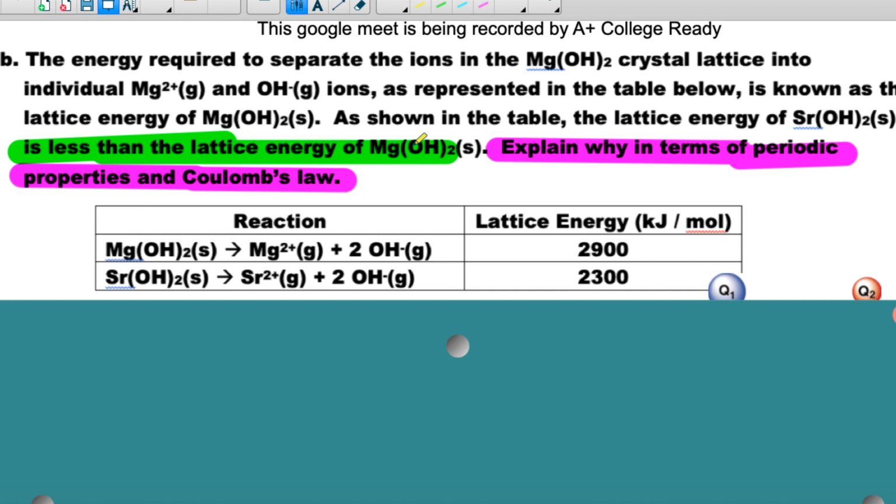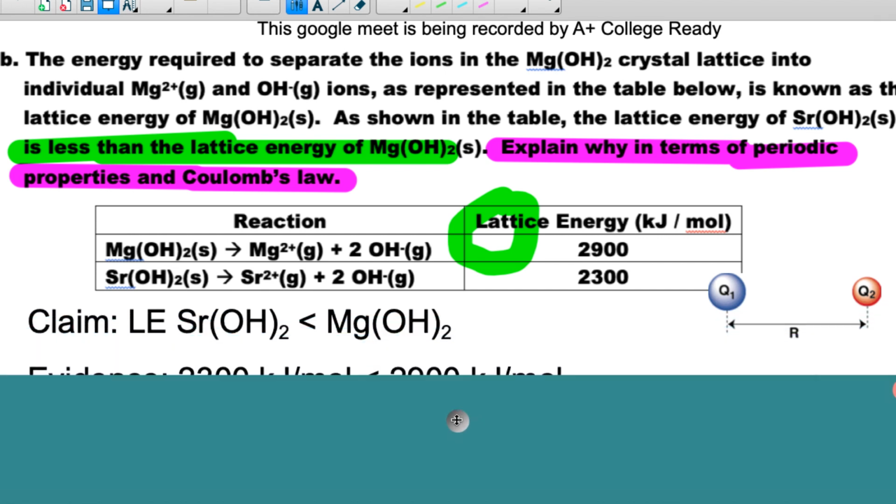That's given to you. They've even given you some evidence down here, the data that backs up this claim, and they want you to explain why. So this is just like claim, evidence, reasoning that you may have been practicing in other classes. So let's see, how would you go about doing this?